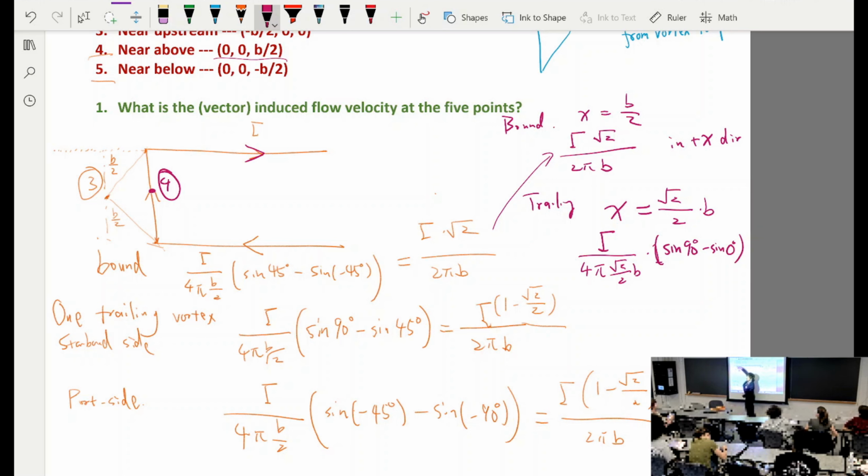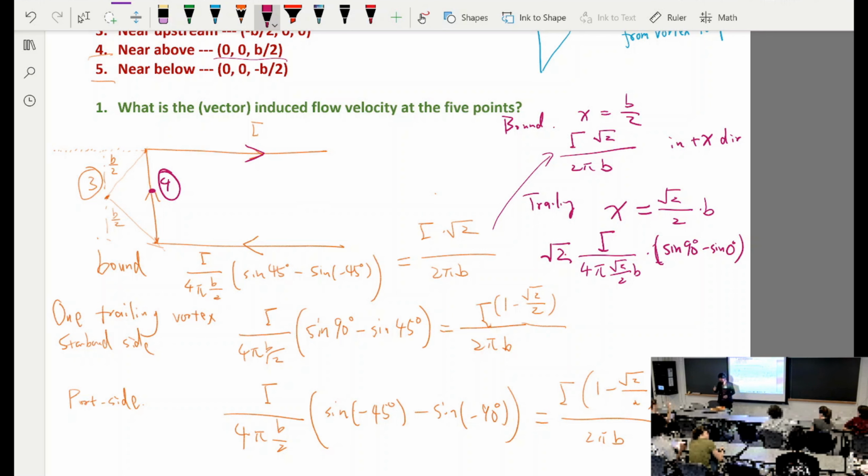So the up and down components from these two vortices cancel, and the into-the-board component, the minus z component, does not cancel. So we are not supposed to multiply this by 2, but instead multiply by square root of 2 to get the combination of these two velocity vectors that are 90 degrees apart.